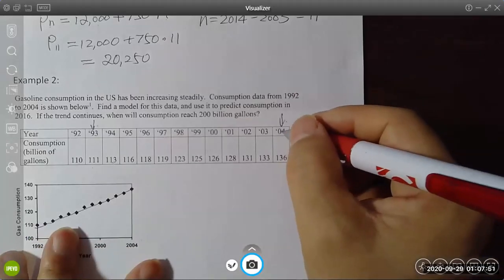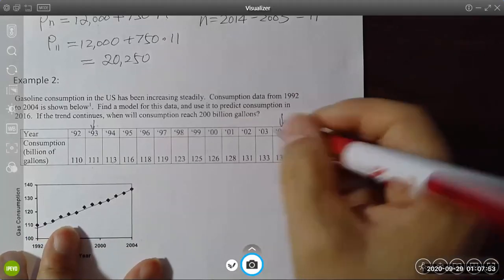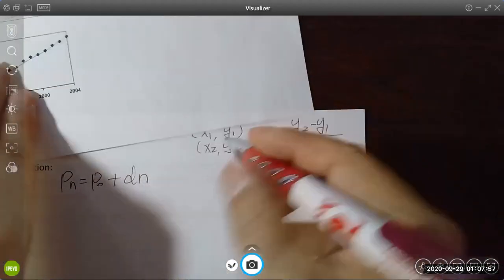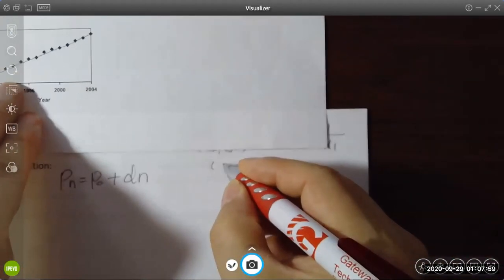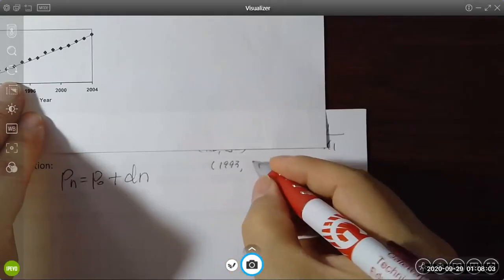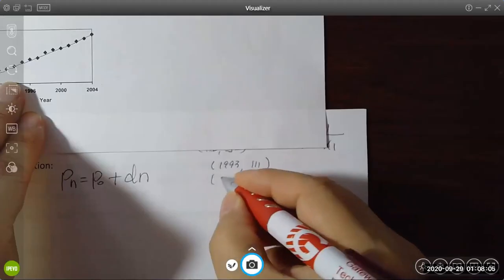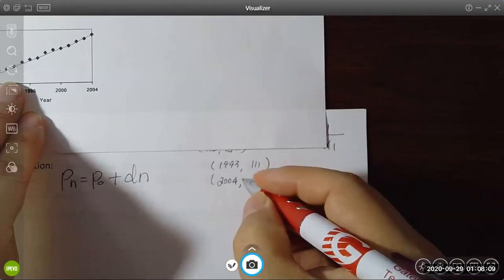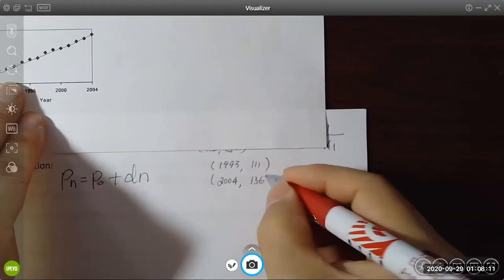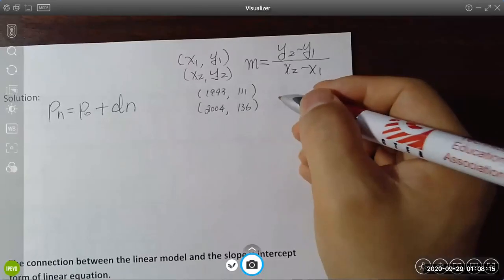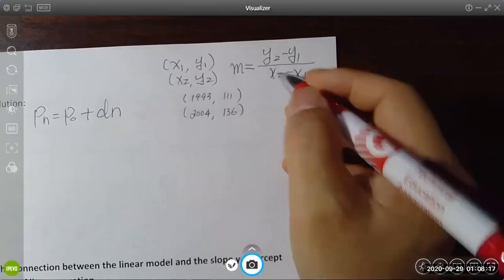So I'm going to use this one. This one is 2004, 136, and 1993, 111. I'm going to write down these 2 data points. 1993 and that is 111, and in 2004, I will just copy that. That is 136. Now I'm ready to calculate the growth rate, average year after year.